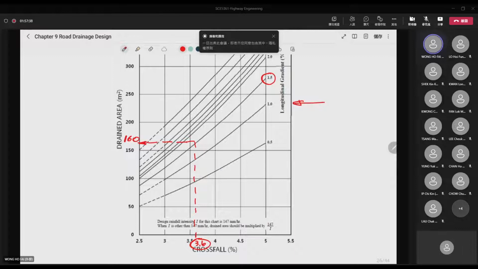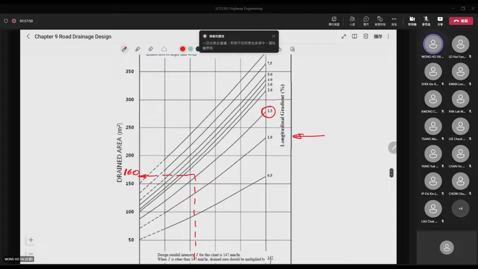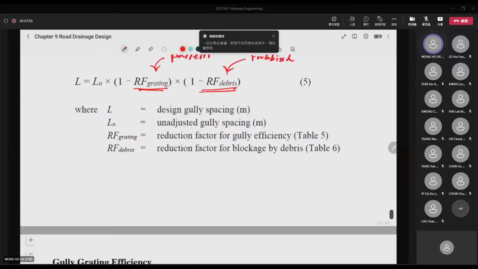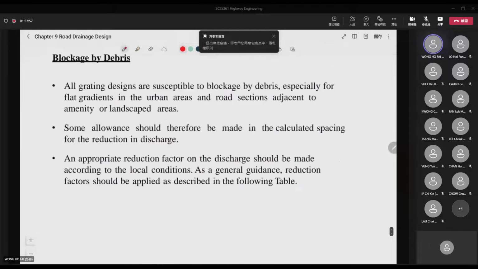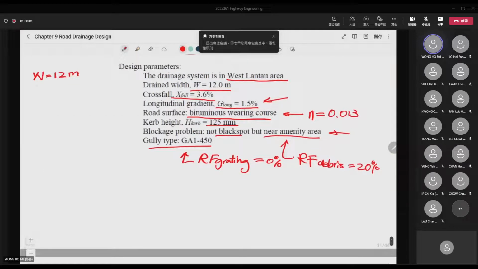So it is actually 160 meters squared. Okay, so the drained area is 160. This is for chart 1A, right? So A is equal to 160.